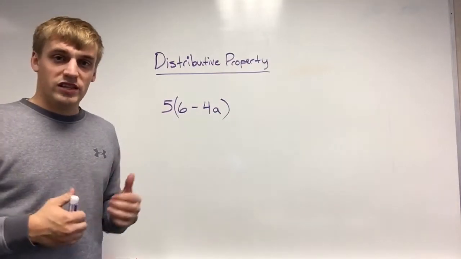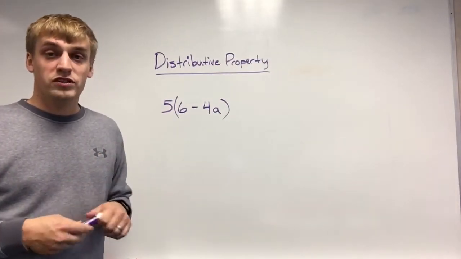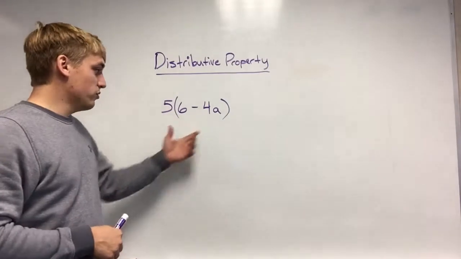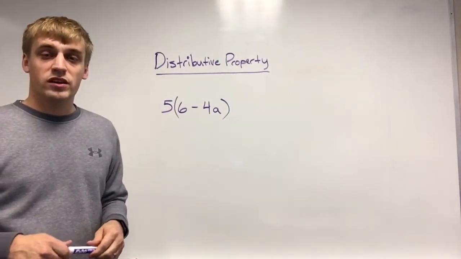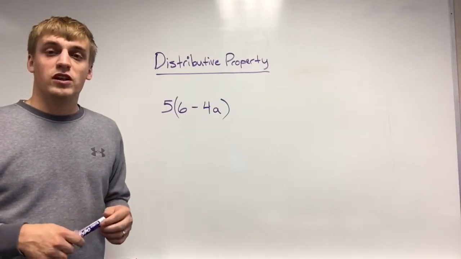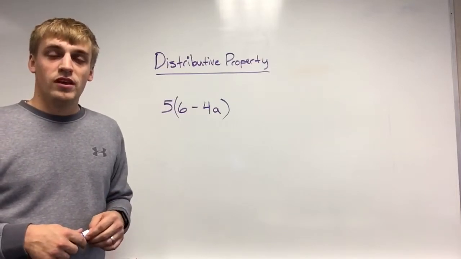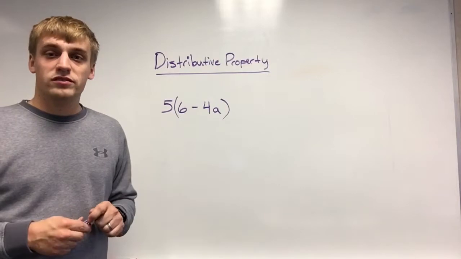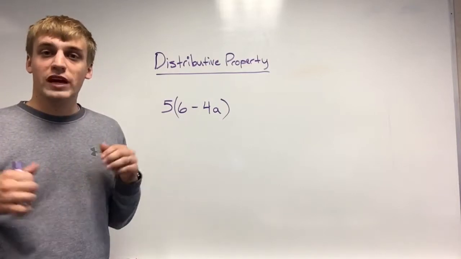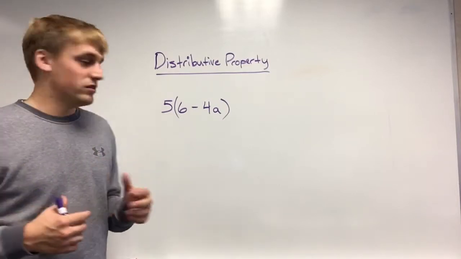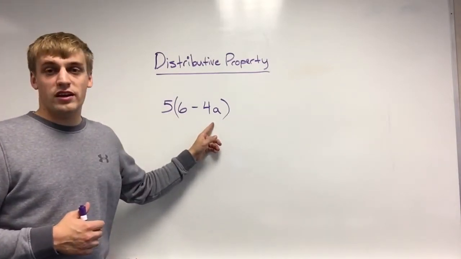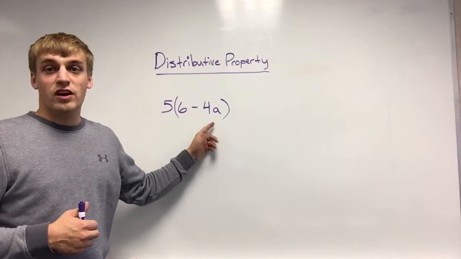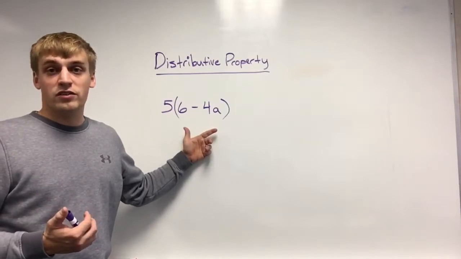This example gives us a good reason of why it's useful. If we were to follow the order of operations, PEMDAS, which we talked about last year, the first order of operations is parentheses. So we have to do anything inside of the parentheses. Well, we cannot take 6 minus 4a because they are not like terms. We cannot combine those terms.